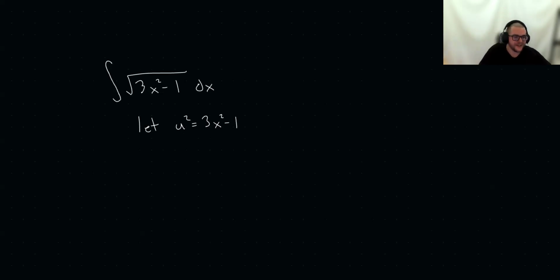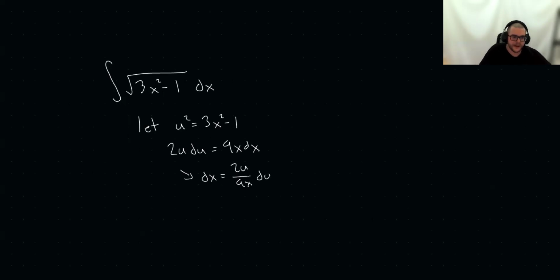Let's try. So again, I'm going to take the derivative on the left, the normal derivative, like what's the derivative of u squared with respect to u? It's 2u, and then add on that du. I'm going to take the derivative on the right with respect to x and get 9x, and then add the dx on. So that tells me dx is 2u on 9x du.